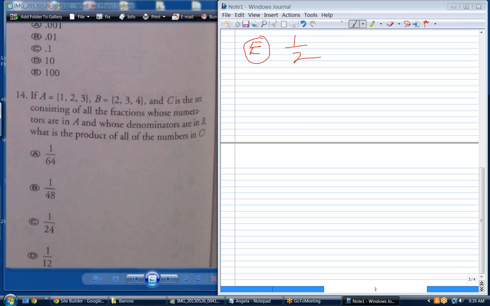Okay, on this one, do I just need to list everything out? Yeah, this is a counting problem. You can tell if something's a counting problem probably if there's less than 9 things.